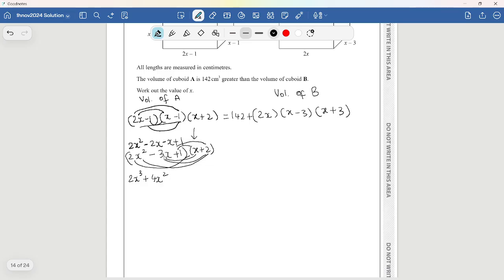Then minus 3x times x will be minus 3x squared. Minus 3x times 2 will be minus 6x. And 1 times x will be just 1x.